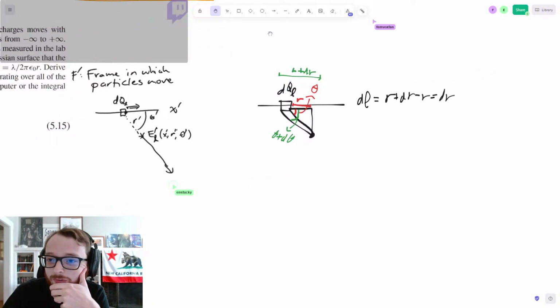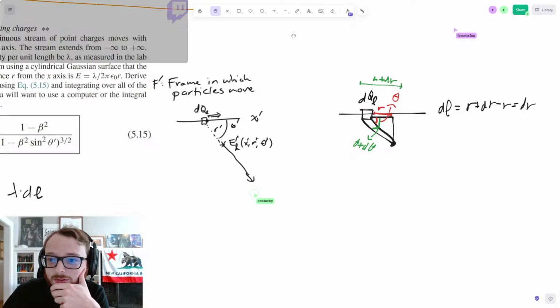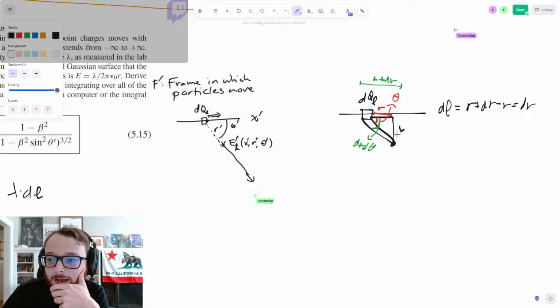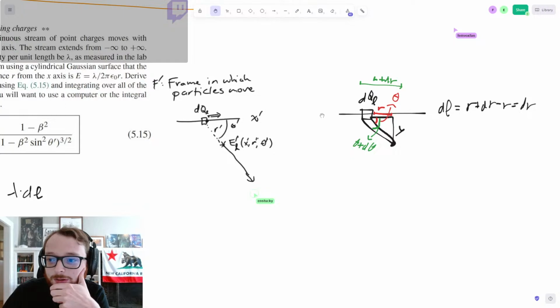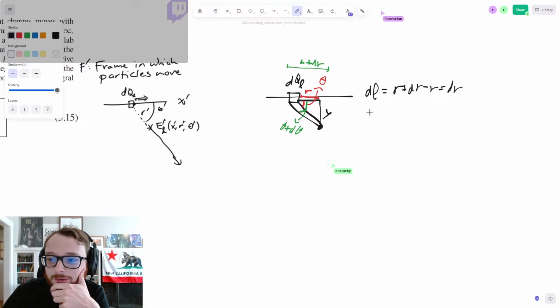This vertical distance is some fixed distance that we could call y or something. So we can do trig. Sine theta. Well, I guess I'm doing tangent if I'm naming that as y.